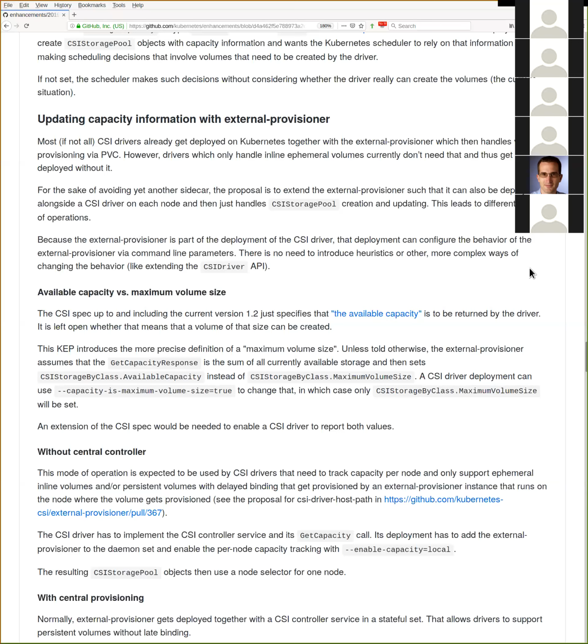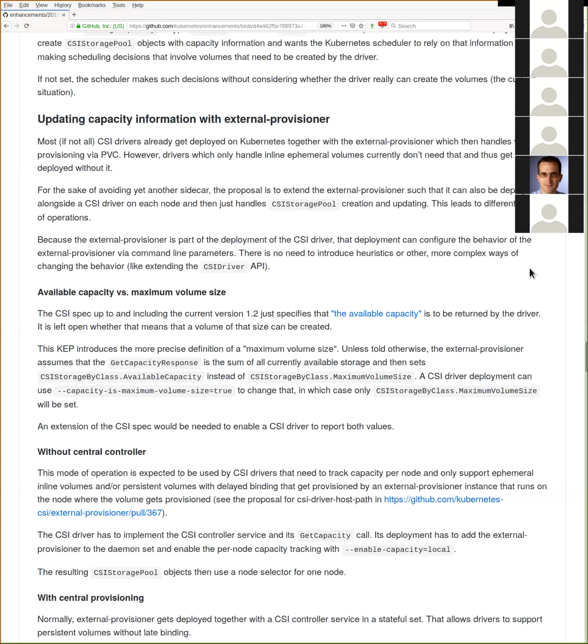The flow is external provisioner needs to figure out what kind of storage pools the CSI driver has. What we can do right now is have a command line argument that says this driver has node local storage. And in that particular case, the external provisioner has enough information to say, I need to create one storage pool per node with the topology keys that it gets from the CSI driver.